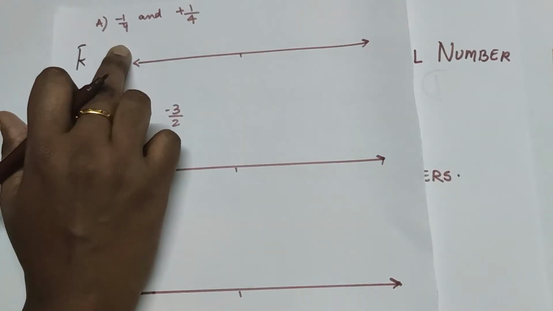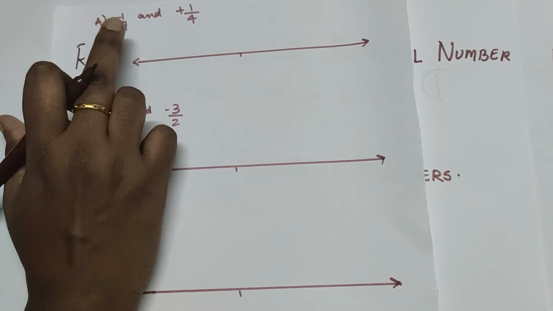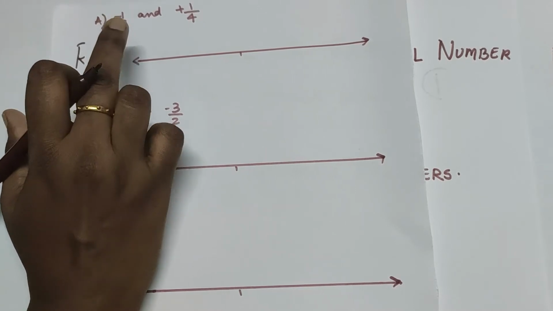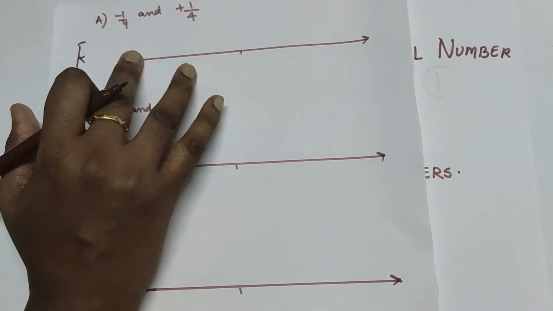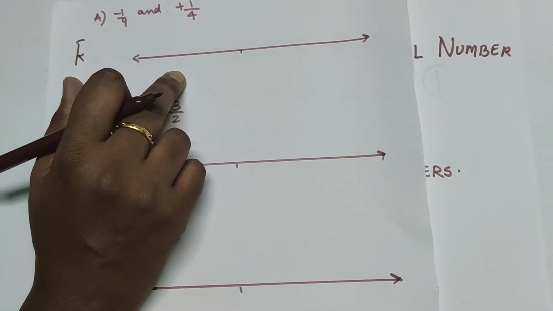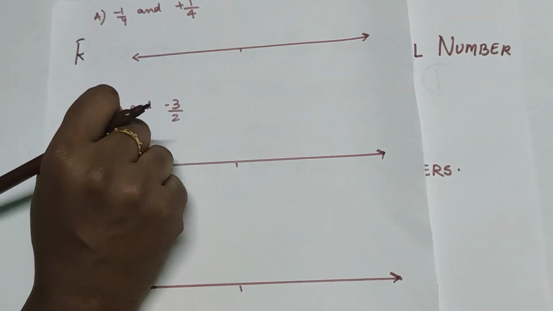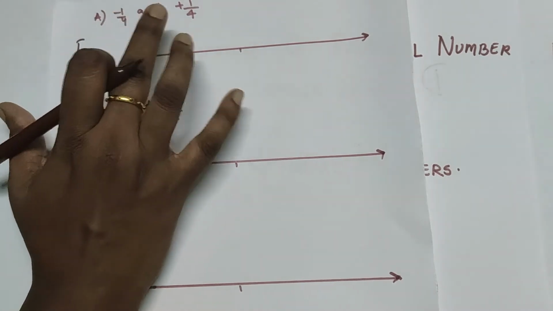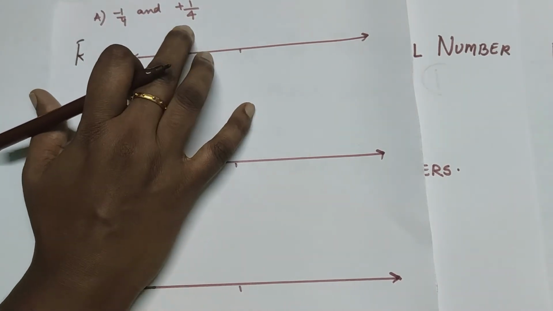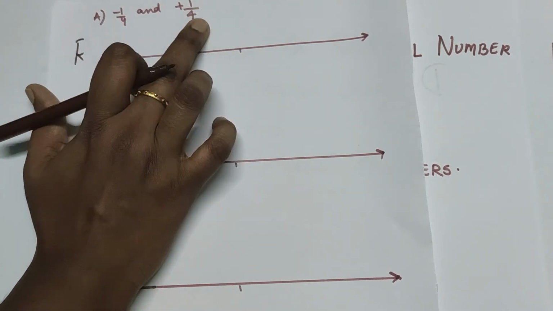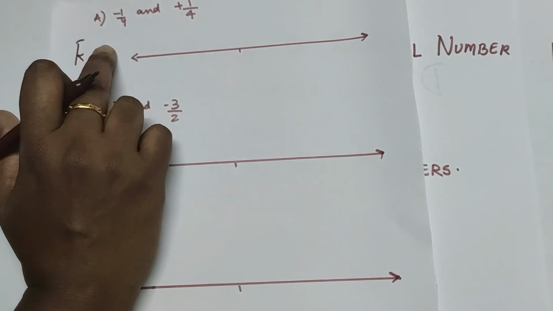Now in the first question we have to mark -1/4 and +1/4, both rational numbers, on this number line. As you can see, the value 1/4 is less than 1. So this rational number will lie between 0 and 1 and between 0 and -1.